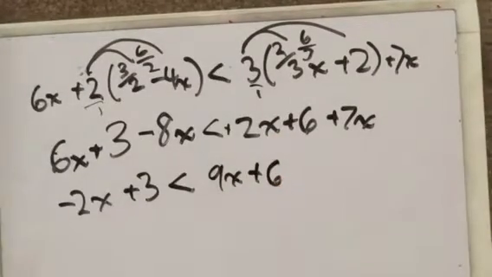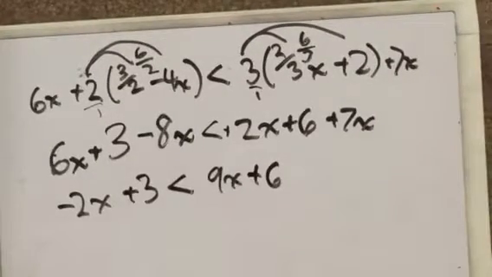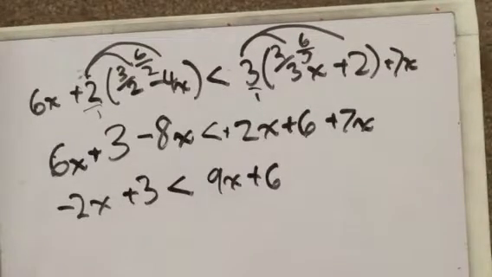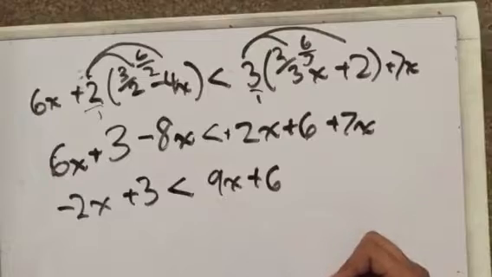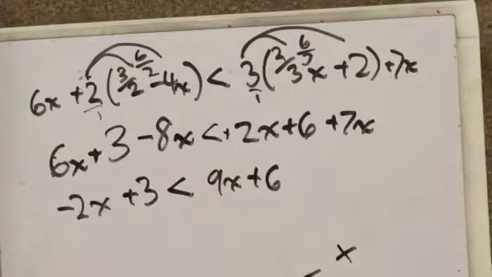So now you must use inverse operations, because we want to get the variables on one side and the constants on one side. So we can use the inverse operation of subtraction, which is addition. Basically, inverse operations are where one undoes the other, or they're opposites.